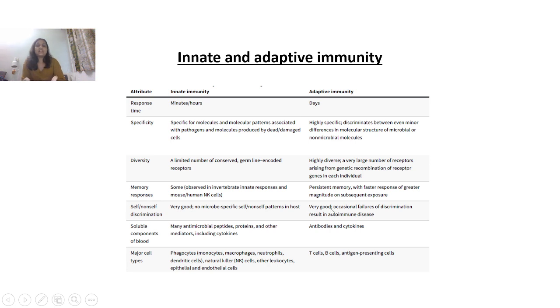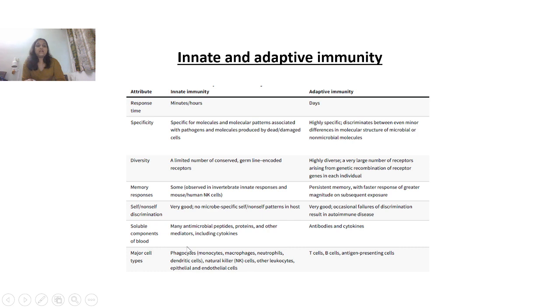But sometimes our immune system fails to recognize which are the self molecules and which are the non-self molecules. Then there is a chance of disease, which we call autoimmune disease, where our immune system attacks our own cells.